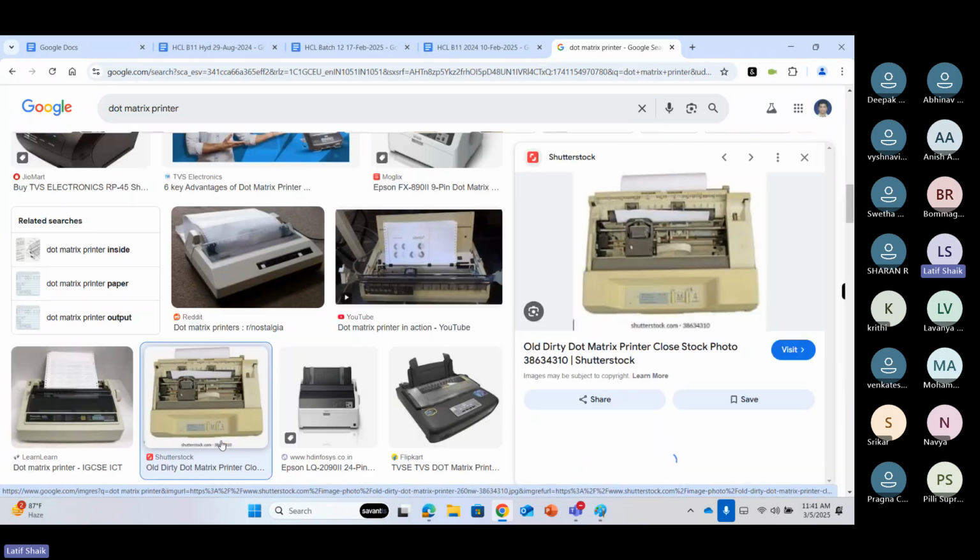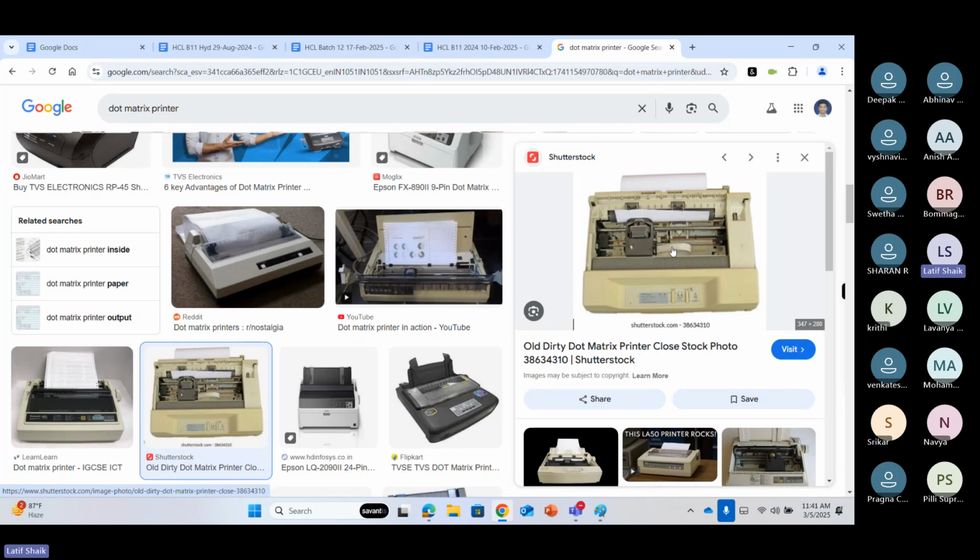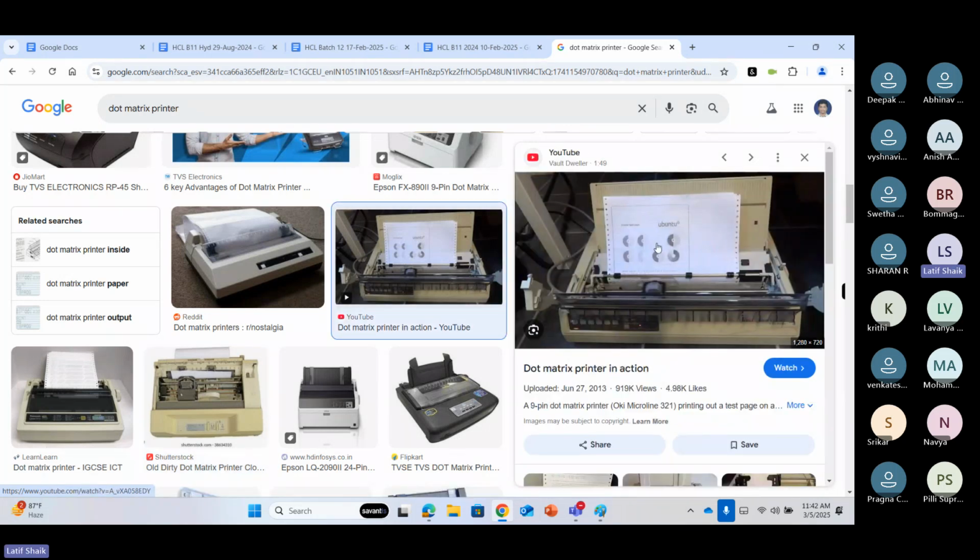Actually, they created this printer based on the typewriter mechanism. The header moves from the left side to the right side, and while it is moving, pressure is applied on the paper as per the print signal. Between them there is an ink ribbon, and that ink is applied on the paper, so you get a print on it.